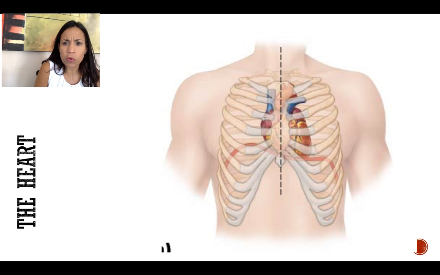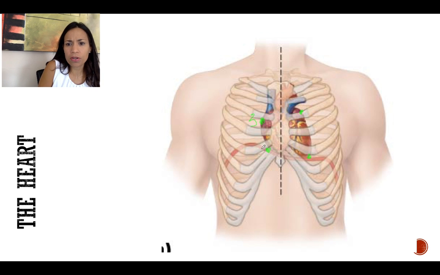Let me show you the corners. The right side of the heart lies at the level of the third and sixth intercostal cartilages, and the left side at the second and fifth.